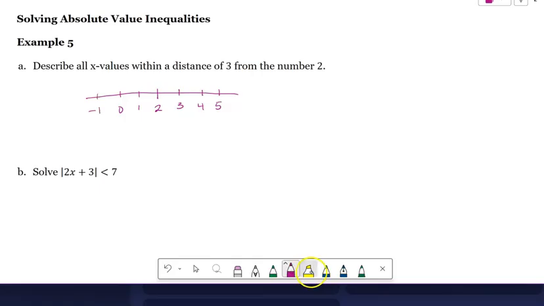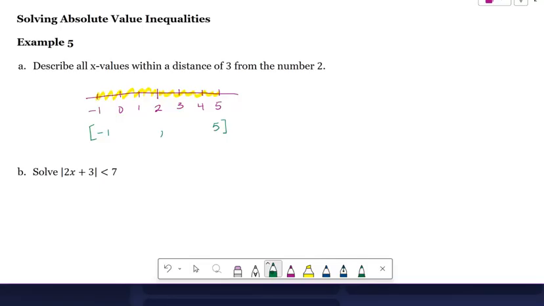And going down to -1 would be 3 units to the left, right? So we're talking about all the numbers that are in between -1 and 5, with 2 being in the middle.